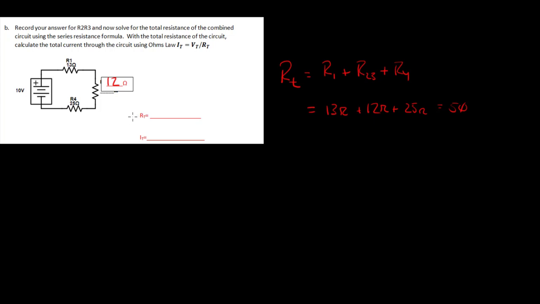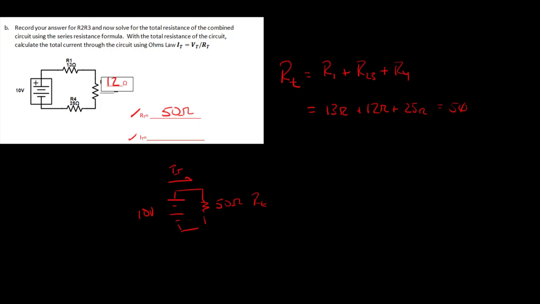Now the real question here is I ask you for the total current also. So I'll write this in, 50 ohms. This now becomes a circuit that looks something like this. So I've got a 50 ohm total resistance, and I've got a 10 volt source. I'm looking for my I total going through here.